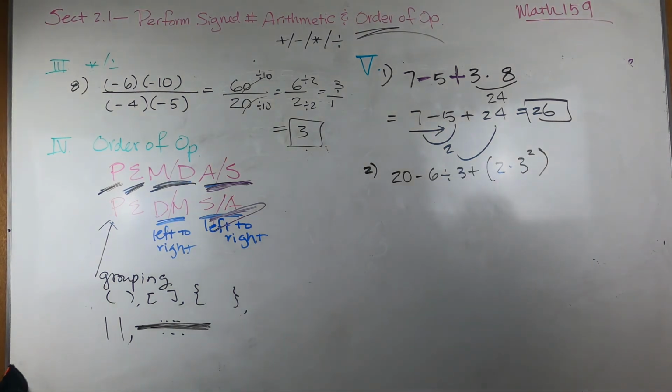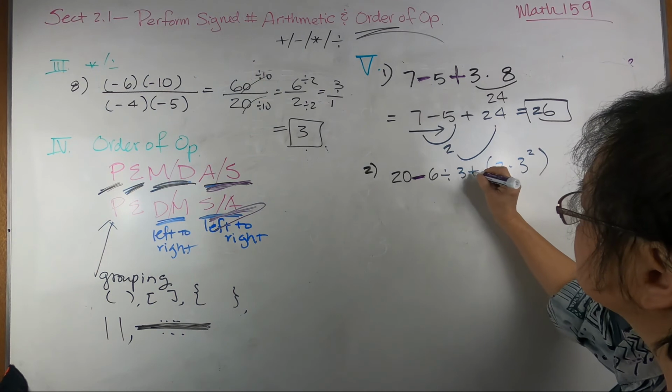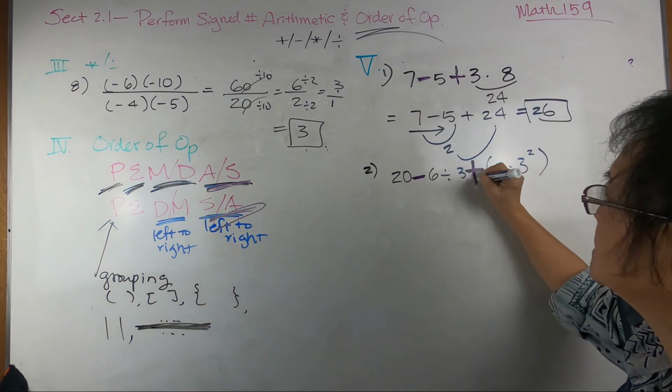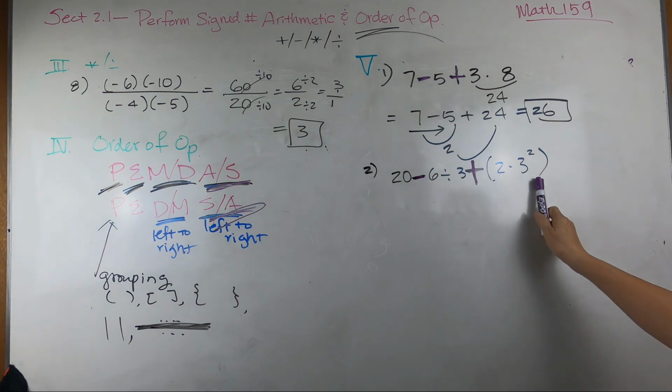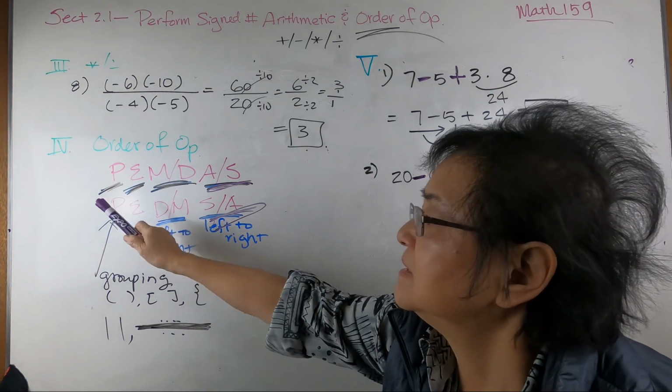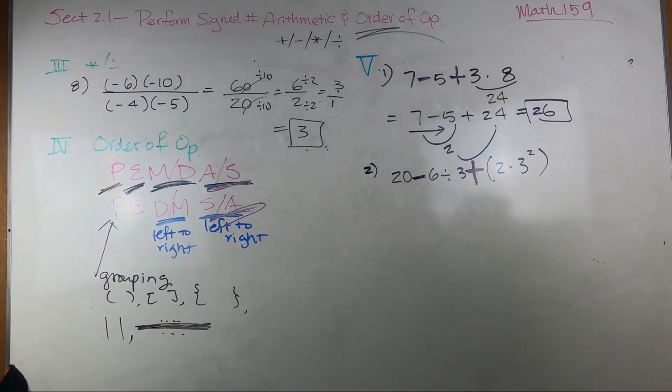Okay, you have a bunch of things with parentheses. If you highlight your plus and minus, that's what you do last, right? Then you have a parenthesis. We have to do parentheses first, the grouping. We have to take care of this.